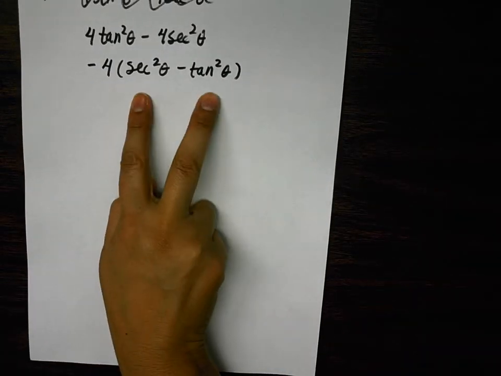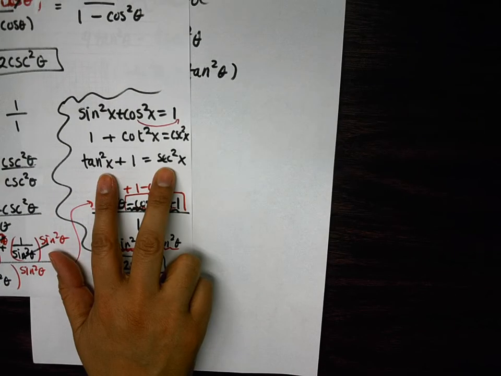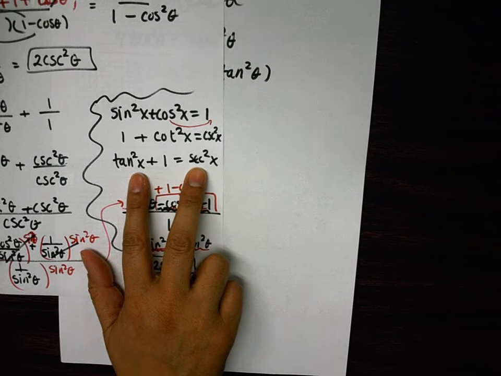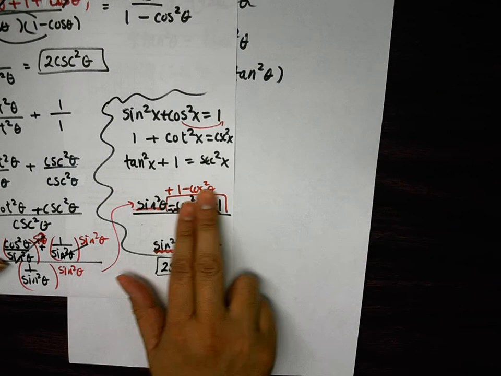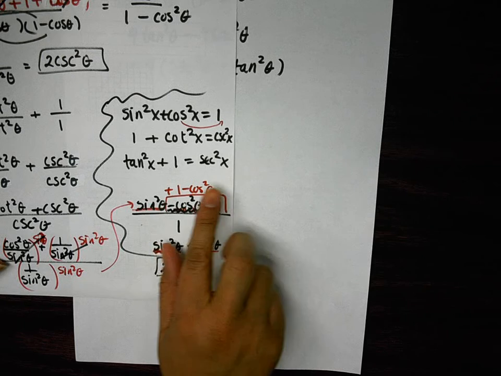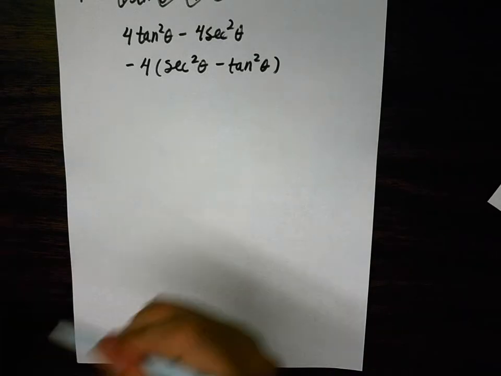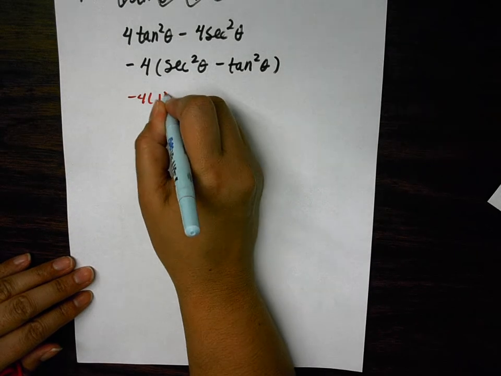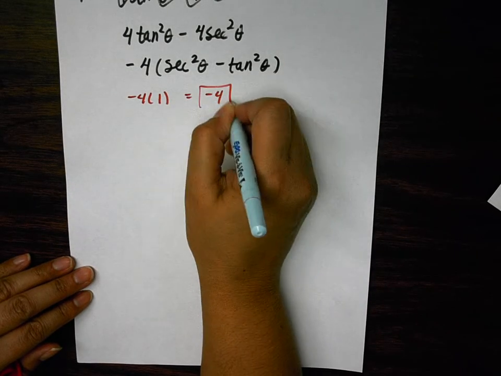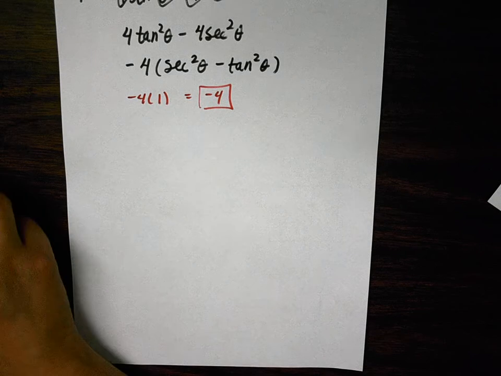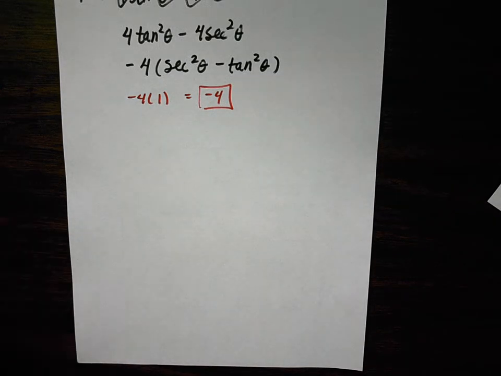And was there a reason she suggested to write it secant squared minus tangent squared? It's an identity. If you move this over, secant squared minus tangent squared is what? 1. So I end up with negative 4 times 1, which is simply negative 4.